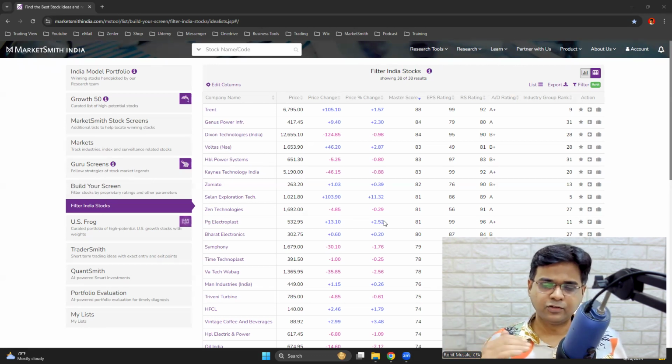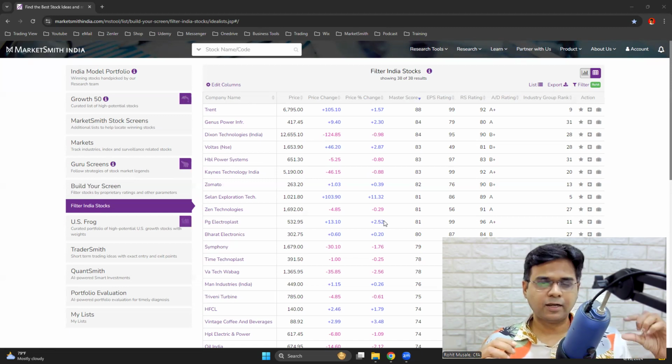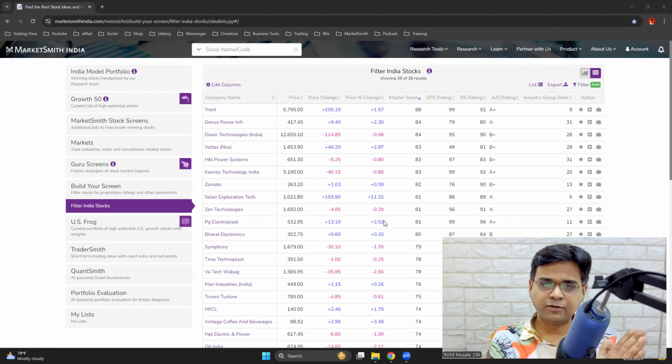But one of the stocks in that industry has got a relative strength of 95, which means that stock has done better than 95% of the entire stock market based on its 52-week price performance. That's what I mean when I say there are industry groups where the industry might not be doing well, but some stocks in that industry are doing very well. That is evident from the price strength of the stock.